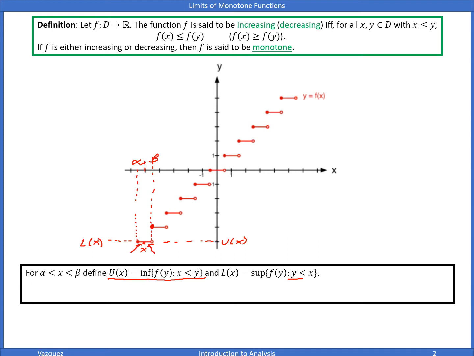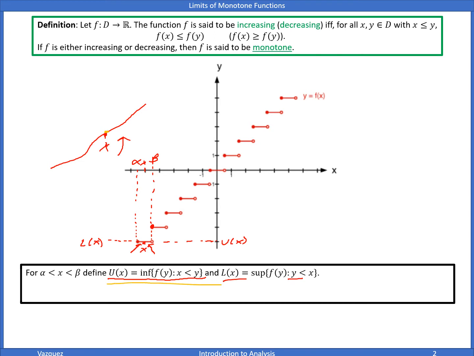But for a function that looks something like this, and let's say x is right here, then on the right hand side, we look at U of x. U of x is an infimum, so the infimum value of the values greater than x is right next to it, right here.